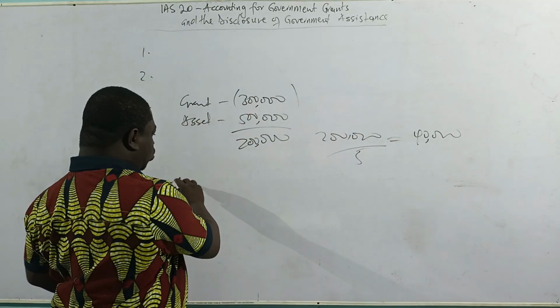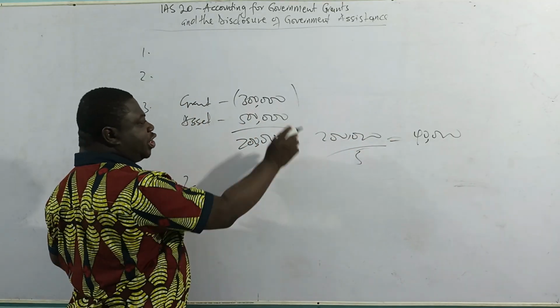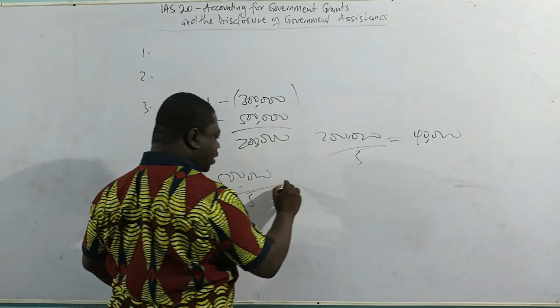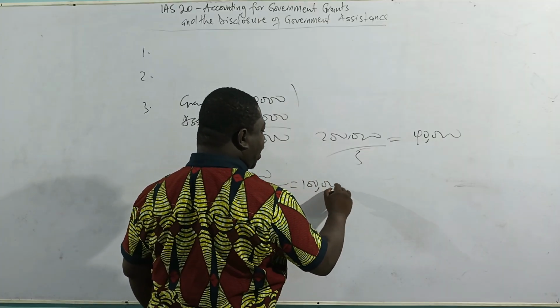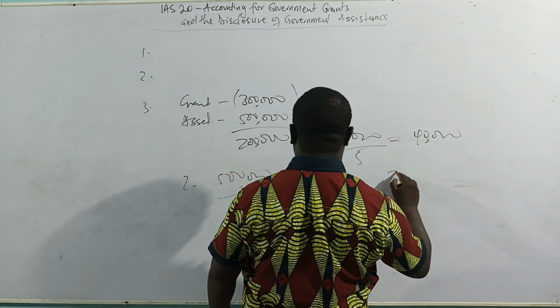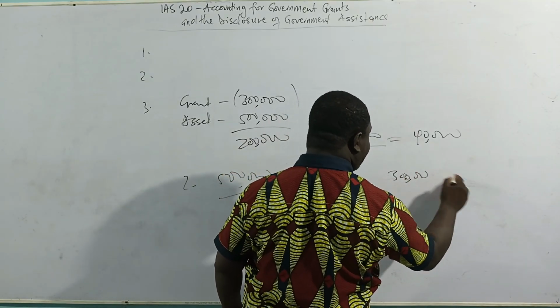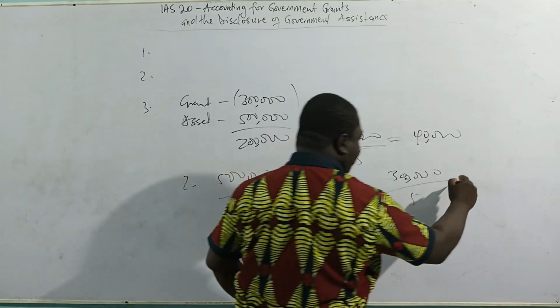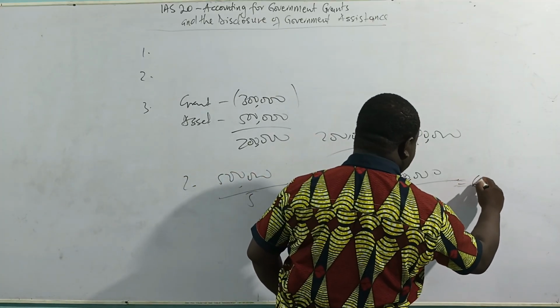Or option 2, we are going to depreciate this 500,000 over the 5 years. That's going to give us 100,000 per annum, and then we are going to also credit a grant account with the deferred income, and then transfer a portion, and the portion is 300,000 over 5. That's going to give us 60,000.